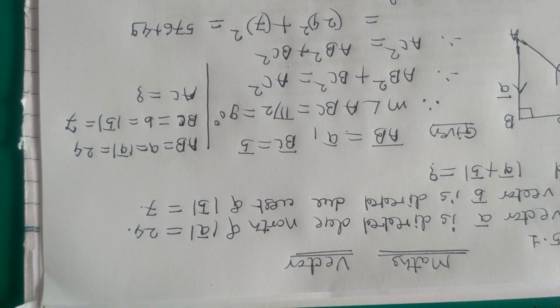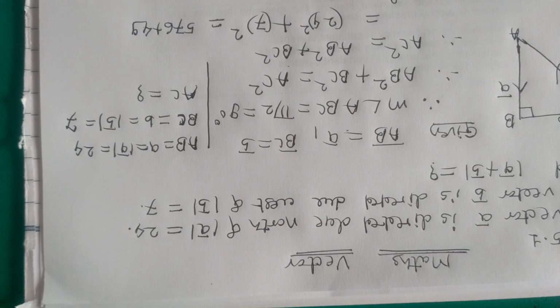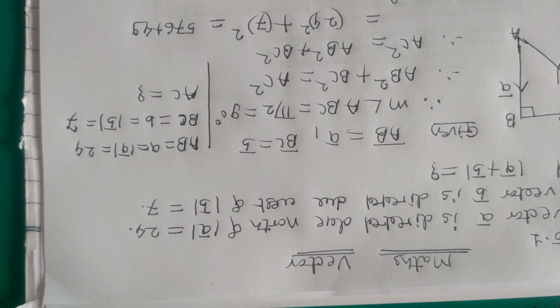So the vector along AC bar in magnitude form is a bar plus b bar, and therefore the magnitude of a bar plus b bar is equal to the length AC, which is equal to 25 units. This 25 may be denoted in terms of magnitude.